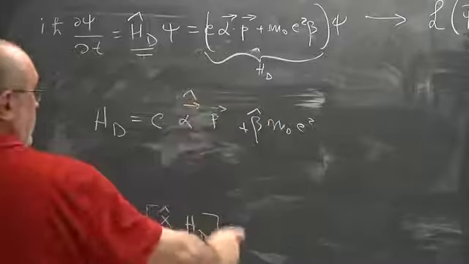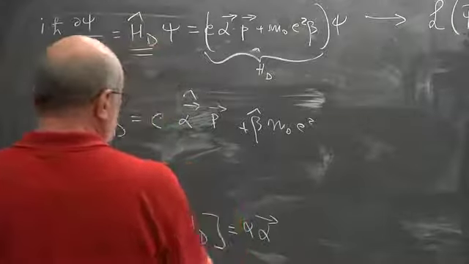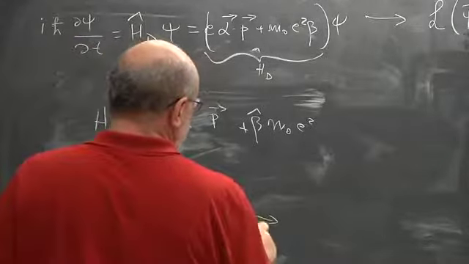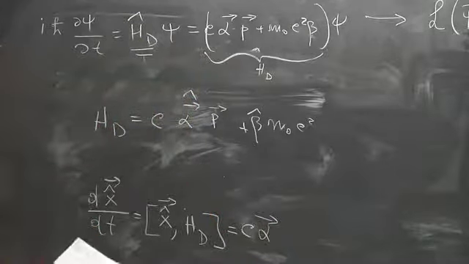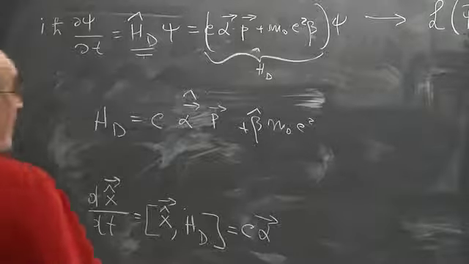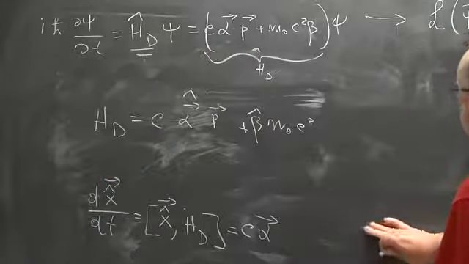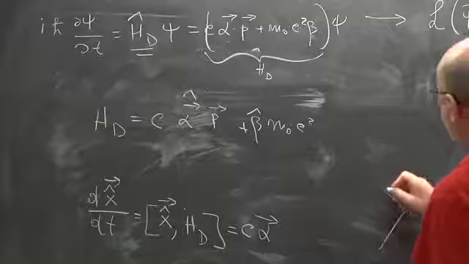So here you get as velocity c α. So the velocity is proportional to the matrix α. But the matrix α has eigenvalues plus and minus 1. It means the velocity of a Dirac particle is plus or minus the velocity of light.